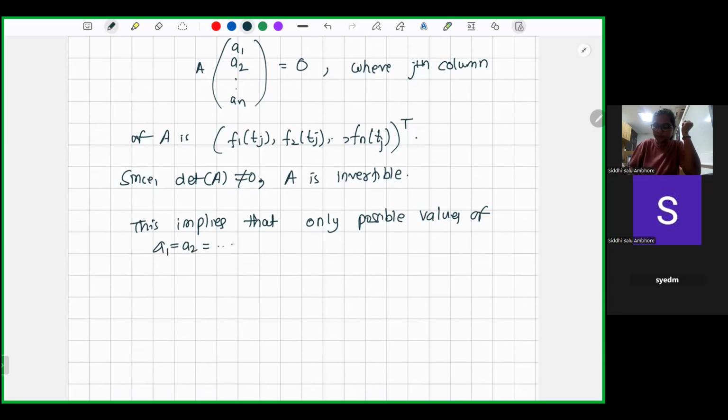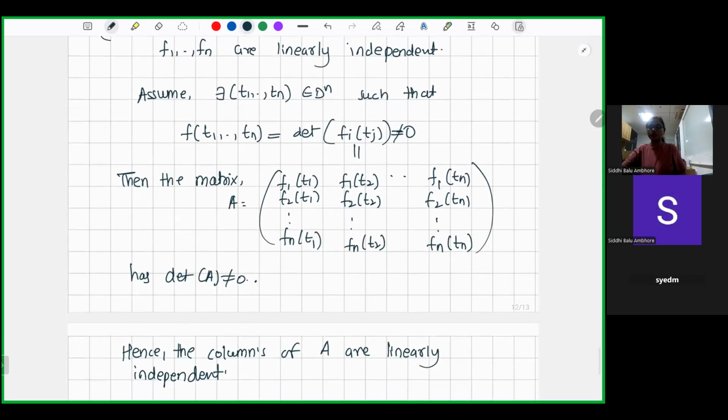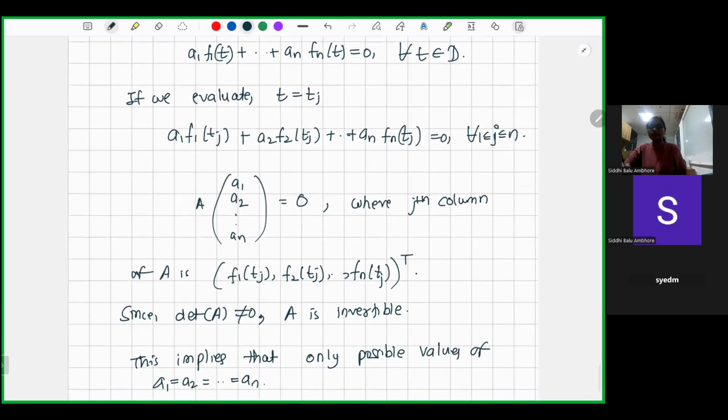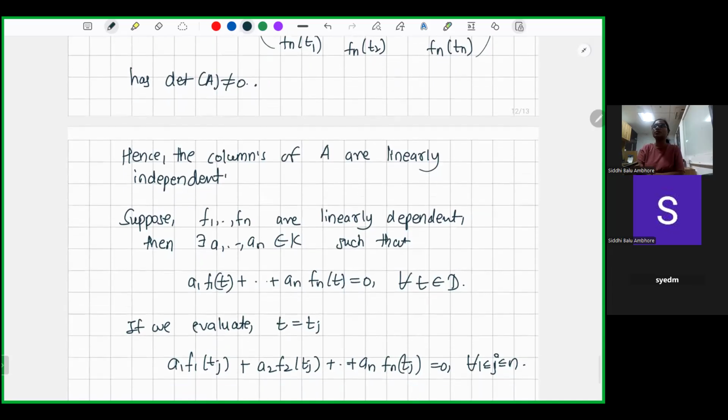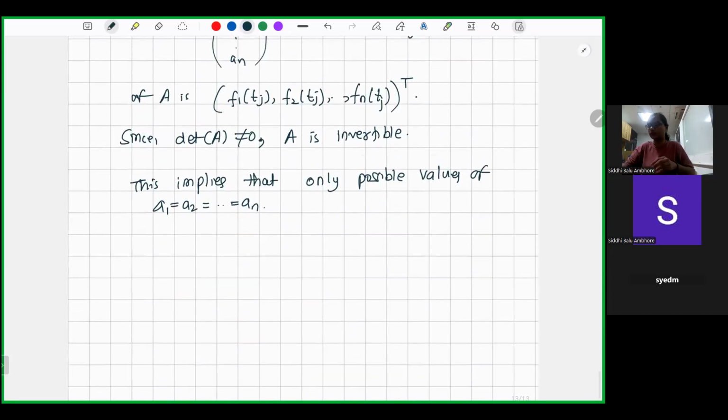Because the given determinant is non-zero. And if I get something like this, it means the linear combination of columns is getting zero. But then the determinant will be zero. But that contradicts the given condition.